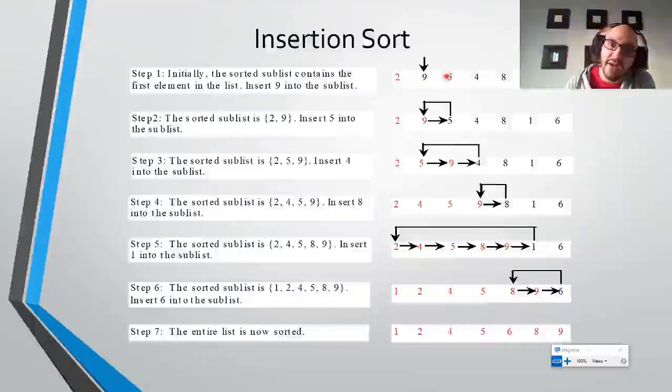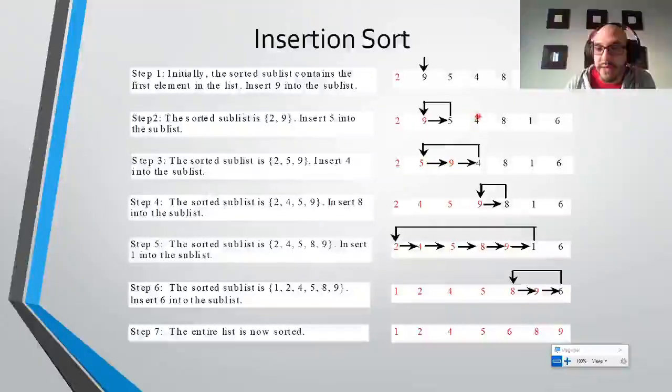I'm going to compare 5 to the previous ones. Again, remember, I'm assuming that the first two elements are already sorted. So because 5 is smaller than 9, then 9 has to take the position of 5, and 5 has to come in here. Now, again, I haven't touched 2 at all because 2 is fine. But you see now my order is 2, 5, 9.